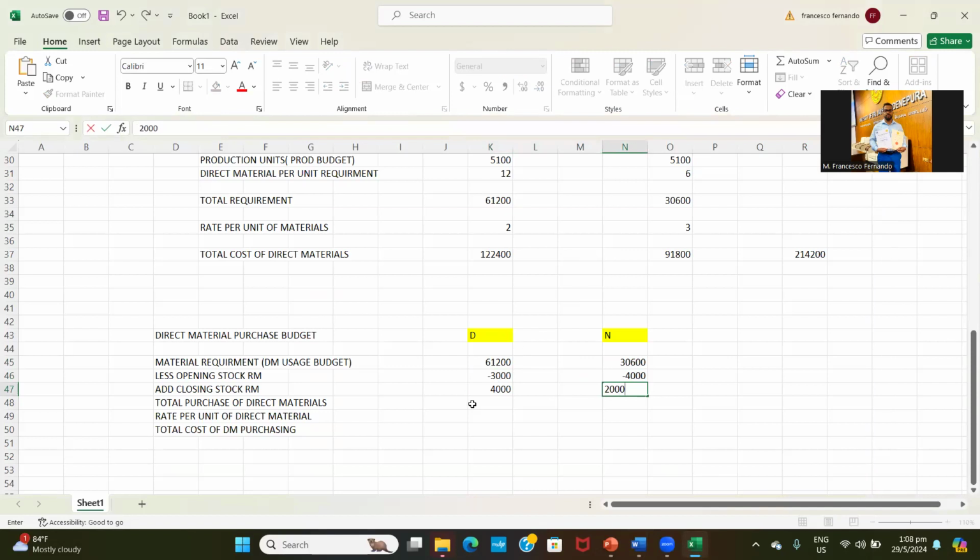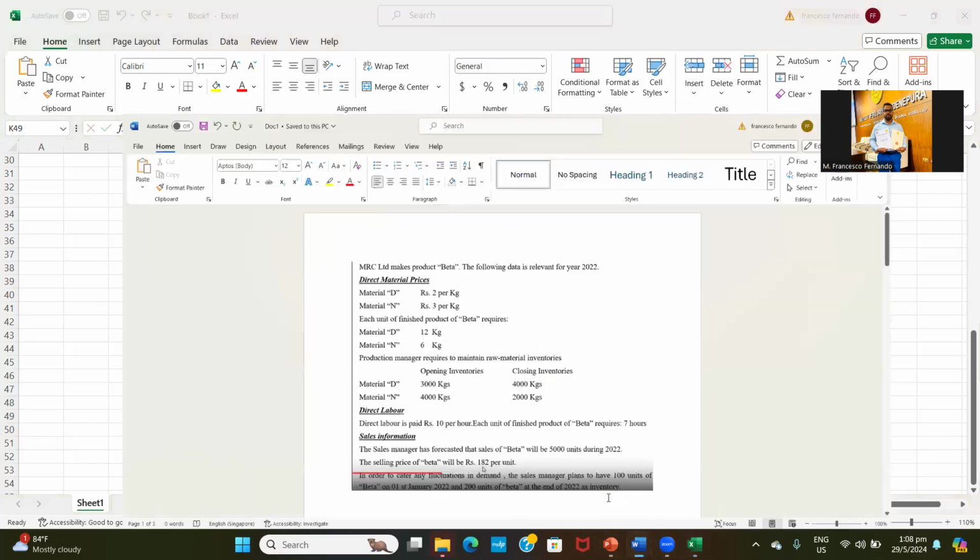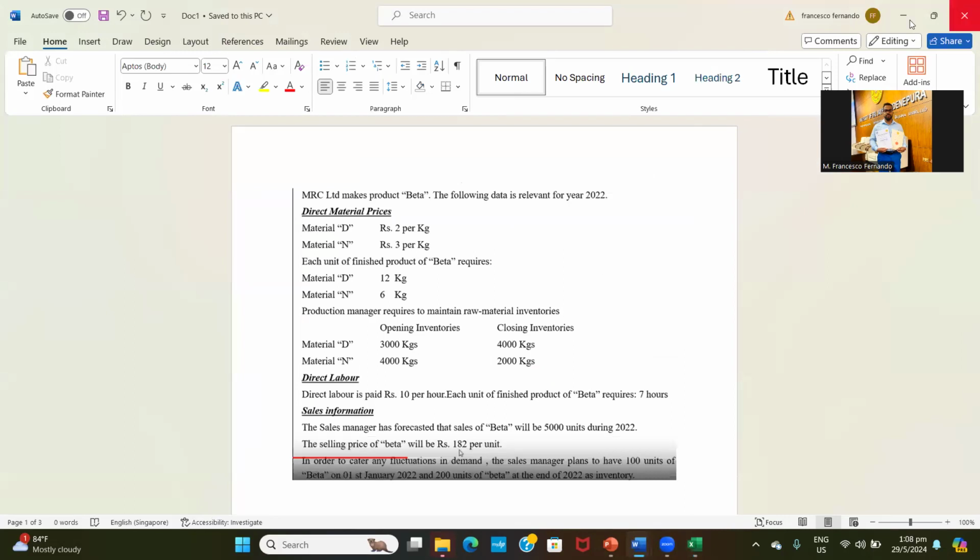So the total purchase of direct material will be 62,200 units, and here it is 28,600. The rate per unit of direct material is given in the question as 2 and 3.